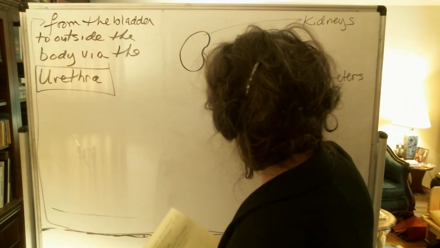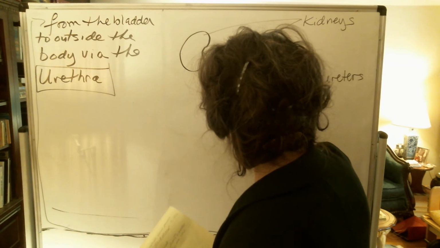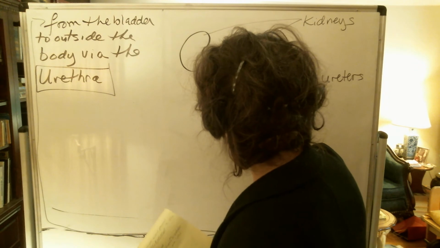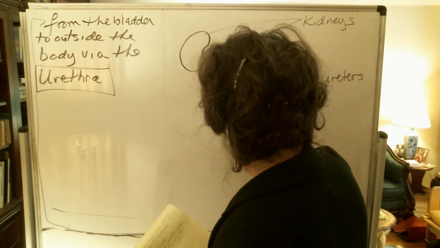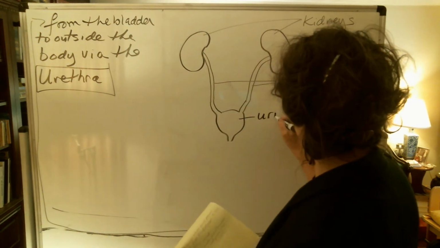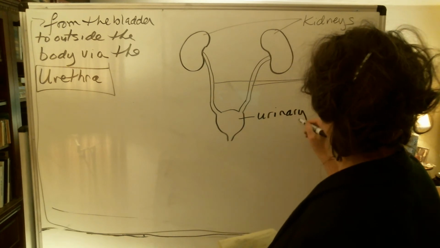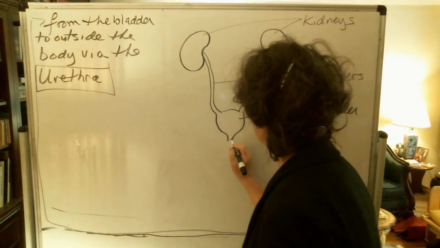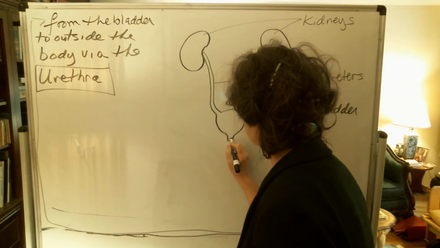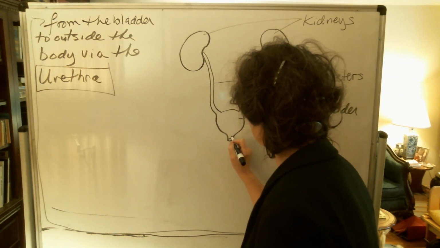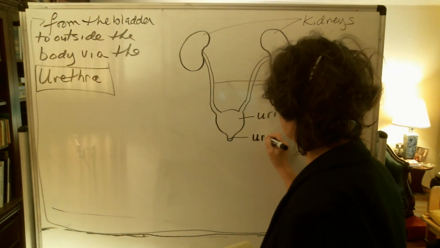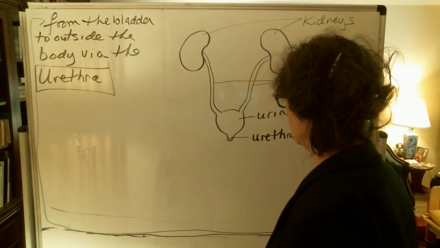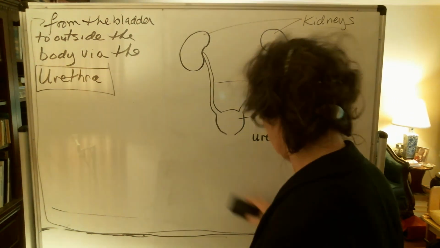And they wind up feeding into this storage container known as the urinary bladder, sometimes just as your bladder. And then finally that opening, this little passage down here, this then is the urethra.